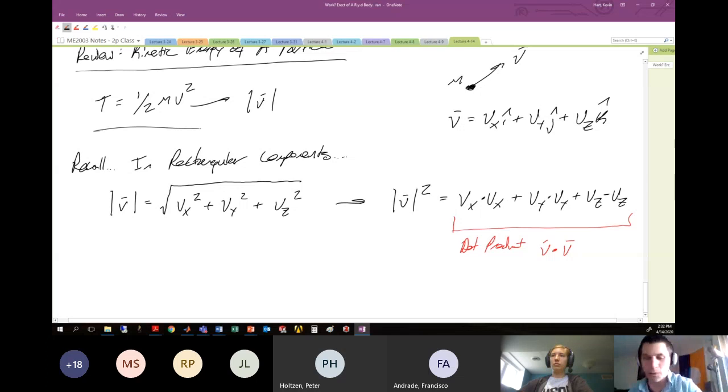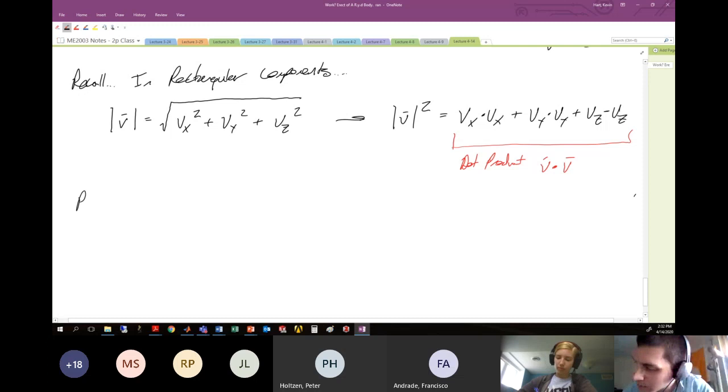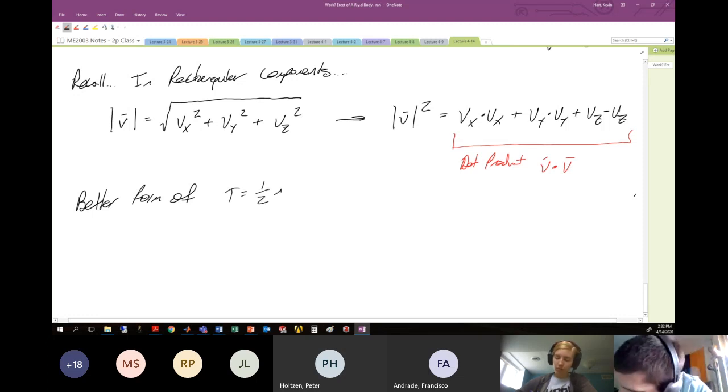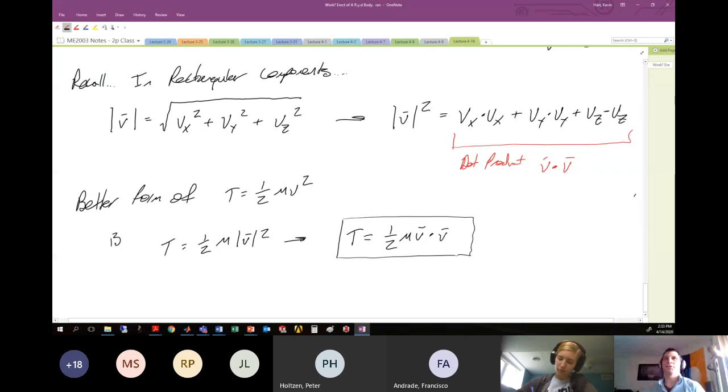So the better form of T equals 1/2 mv squared is T equals 1/2 m times the magnitude of v squared, which we just showed is T equals 1/2 m vector v dotted with vector v. This is much more sound.